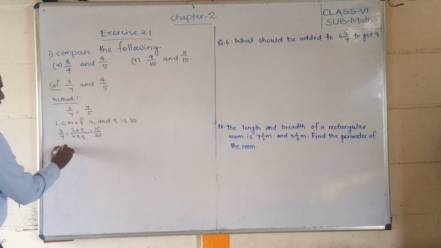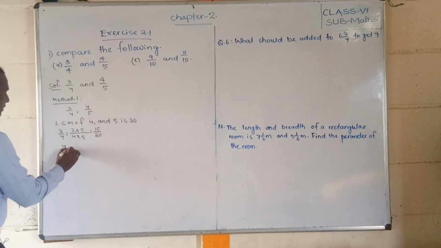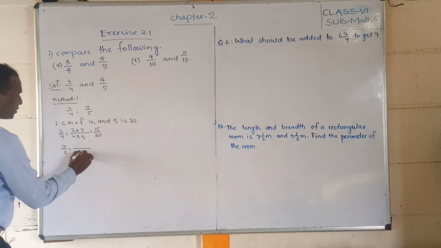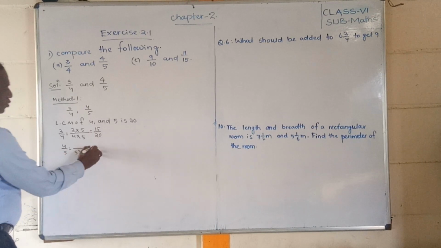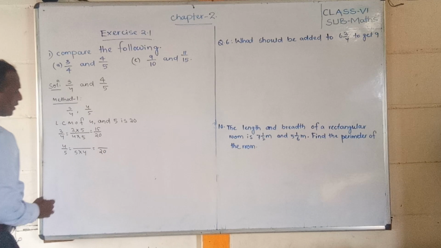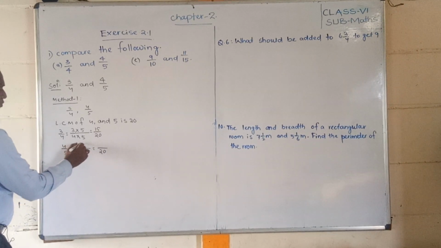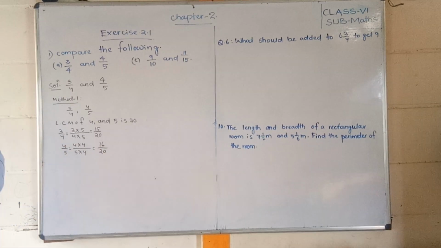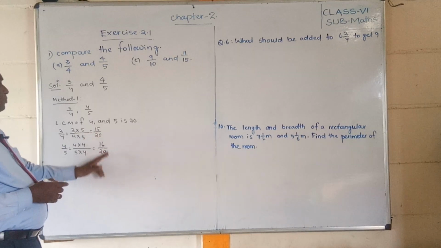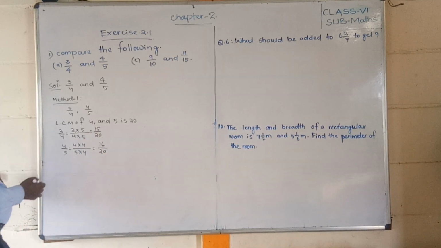Now we will see 4/5 is equal to, 5 into which number do we have to multiply? 4, because it should become 20. In the same way, 4 into 4 we get 16. Now we can compare both and see which number is greater and which is smaller.